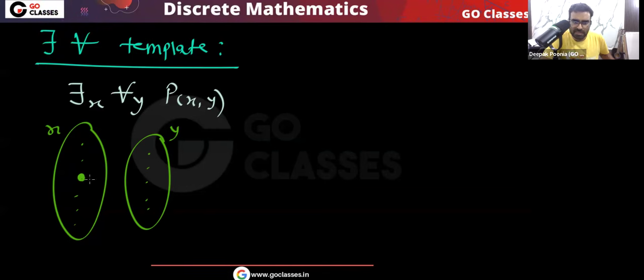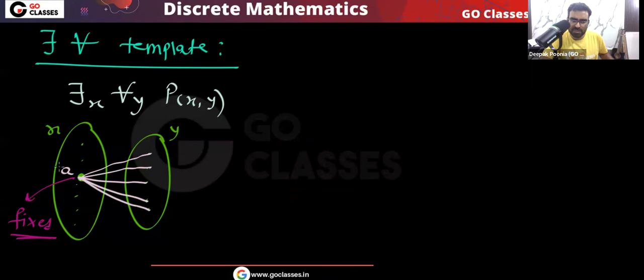So in the domain of x there is someone fixed. Let's call it a. Now with this fixed person you take everyone in the domain of y. Now this Pxy should be true. Is it true?